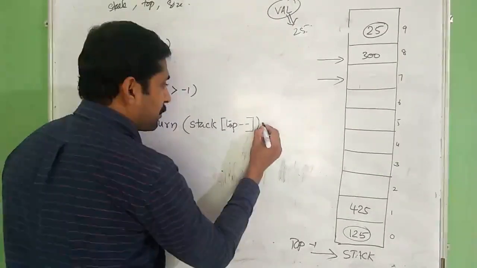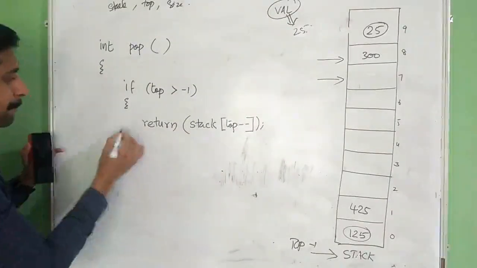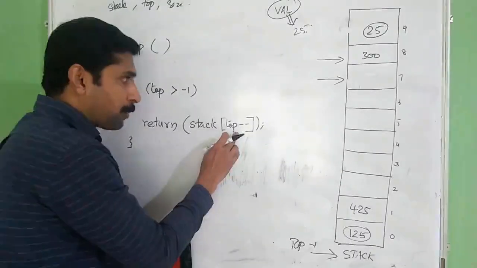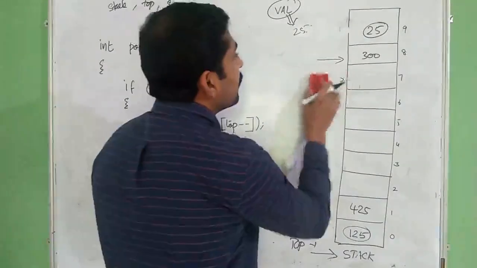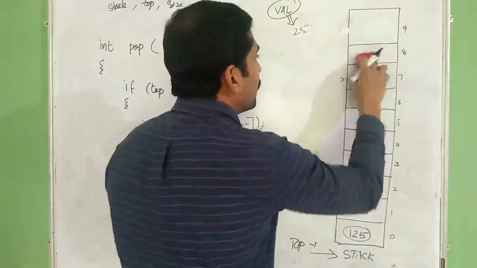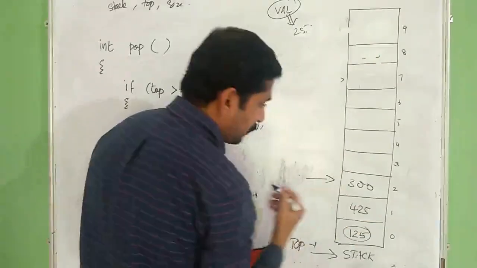So this is a complicated statement. Suppose here is the top, 300.